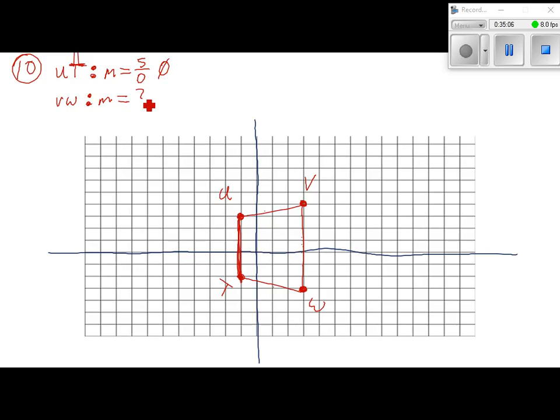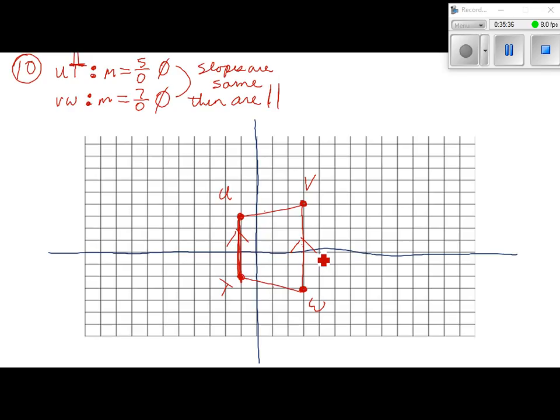And the run is 0. Well, you can't divide by 0, so that has no slope. And if those slopes are the same, then we know that those two segments have to be parallel to each other. So if these two are parallel, then we know it has to be a trapezoid.